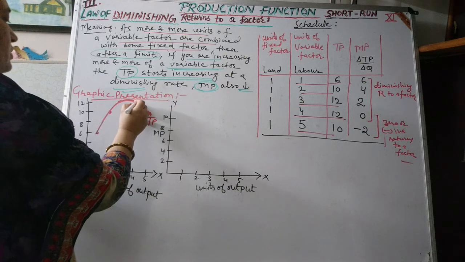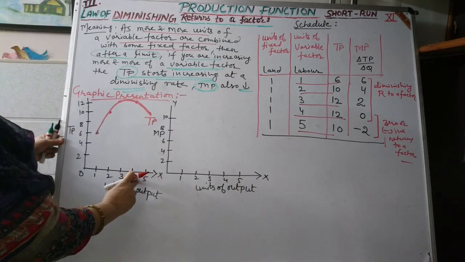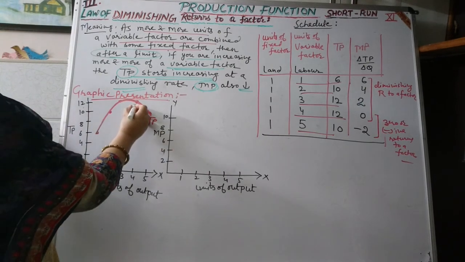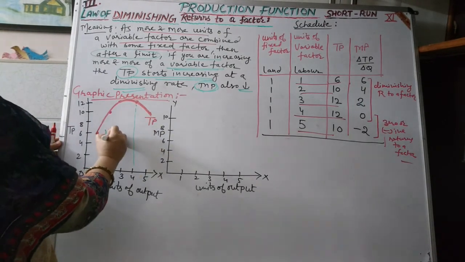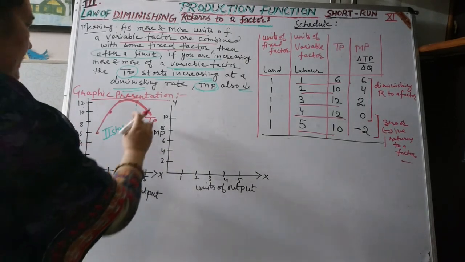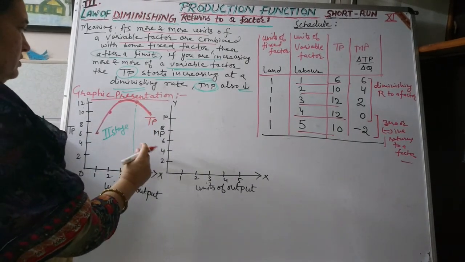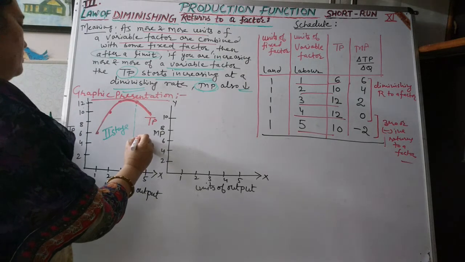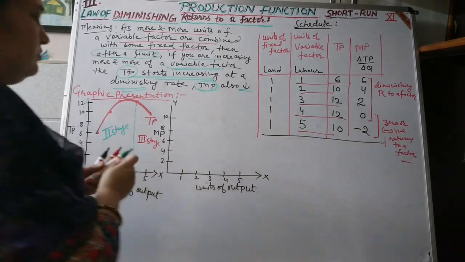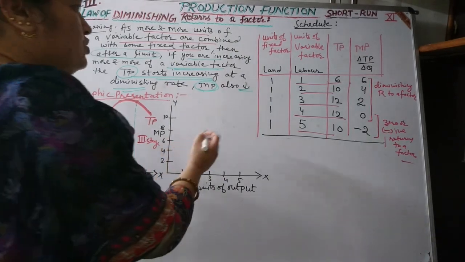Up to the fourth level of output, the curve is within the second stage of production, and as it starts diminishing, it will reach the third stage of production.